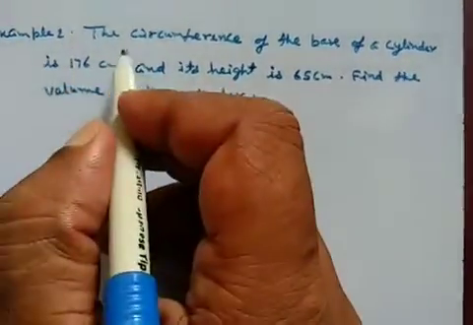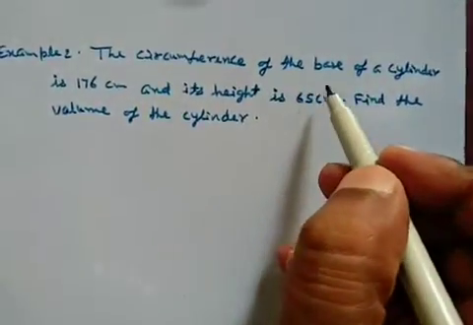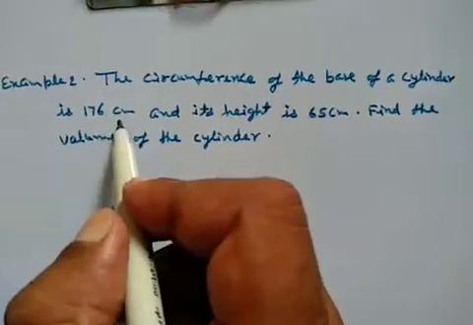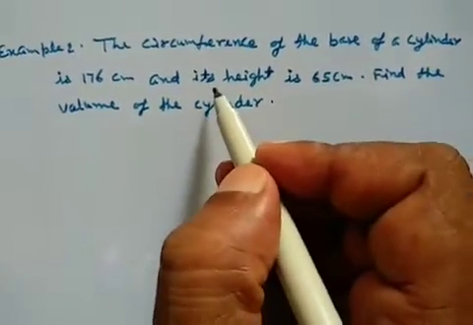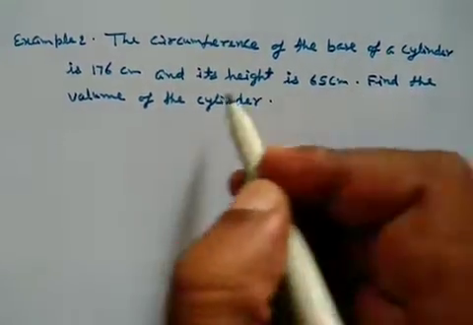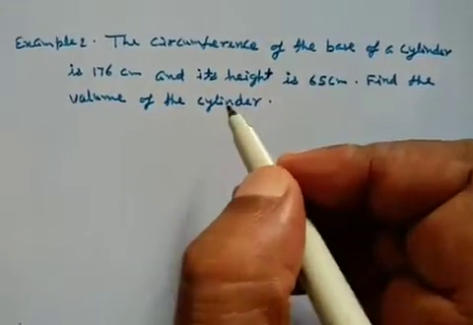Example 2. The circumference of the base of a cylinder is 176 centimeter and its height is 65 centimeter. Find the volume of the cylinder.